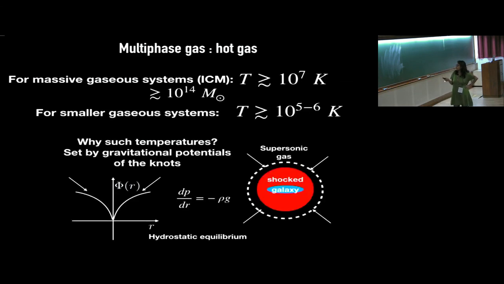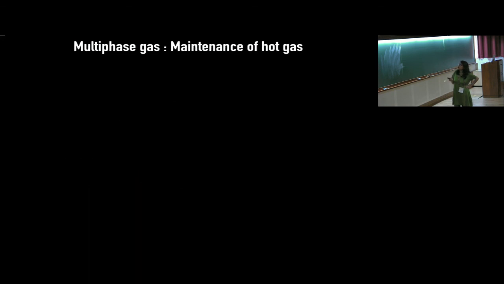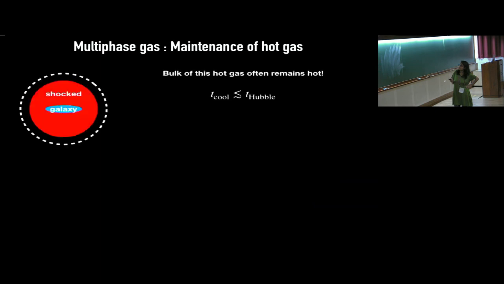Okay, so usually at the center of the halo, there is a galaxy which is much colder in terms of temperature than this volume-filling hot gas. This hot gas, which is all over the volume of each unit, is usually very hot, and it's kind of maintained at that temperature. So it remains hot.